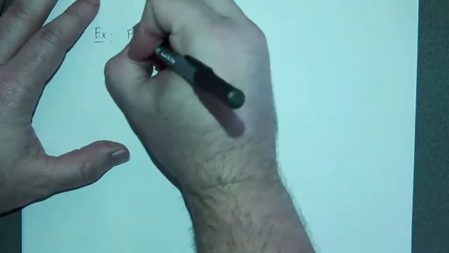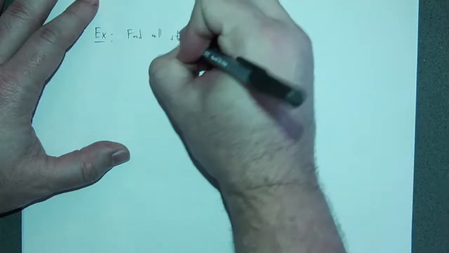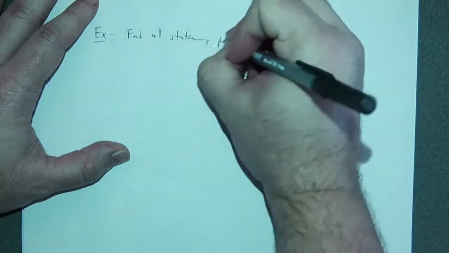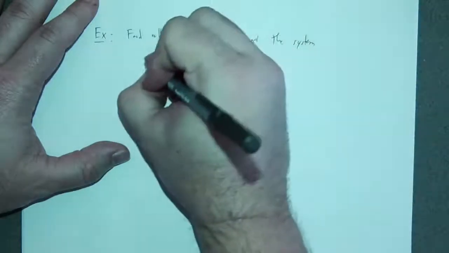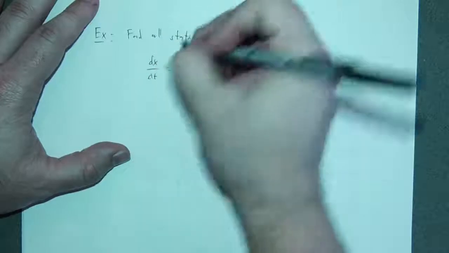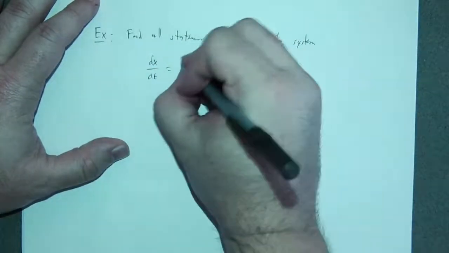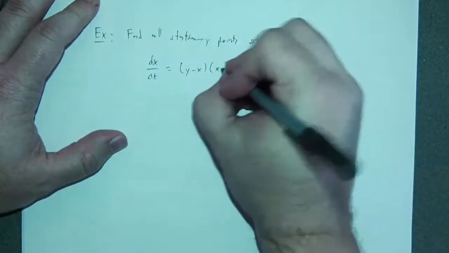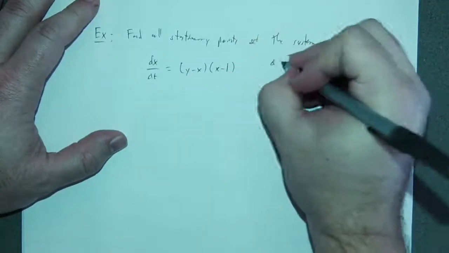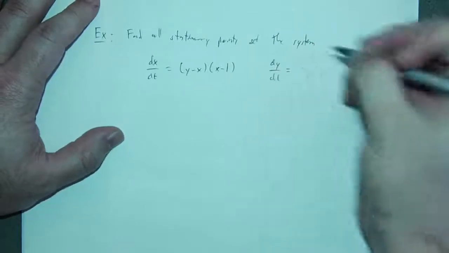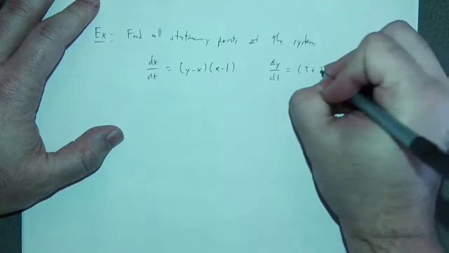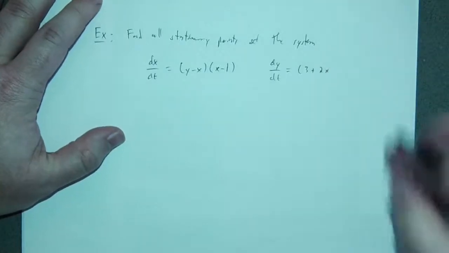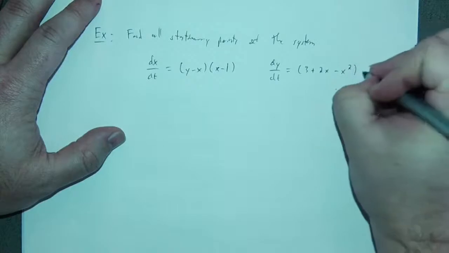So find all stationary points of the system dx dt is y minus x times x minus 1, and dy dt is 3 plus 2x minus x squared times y.